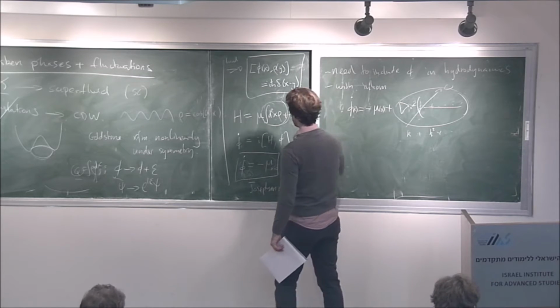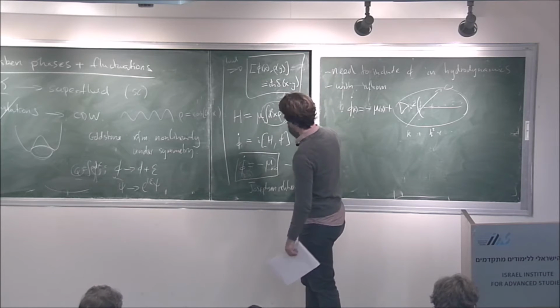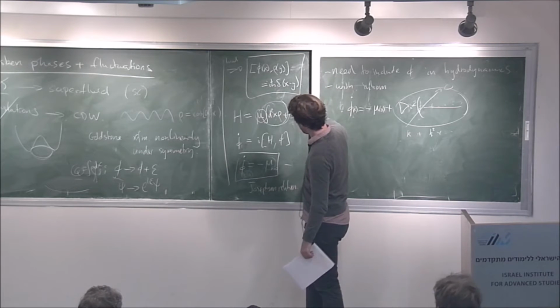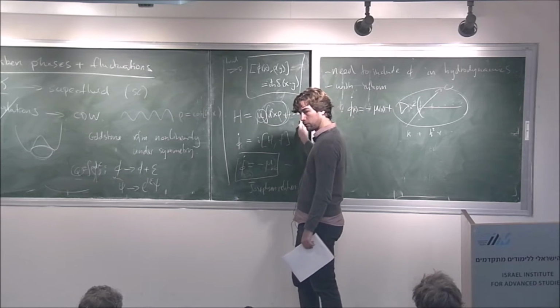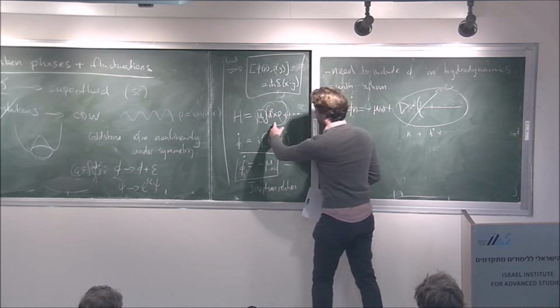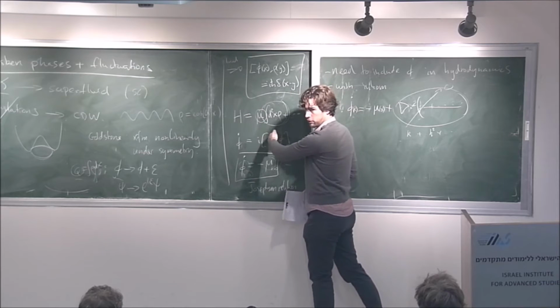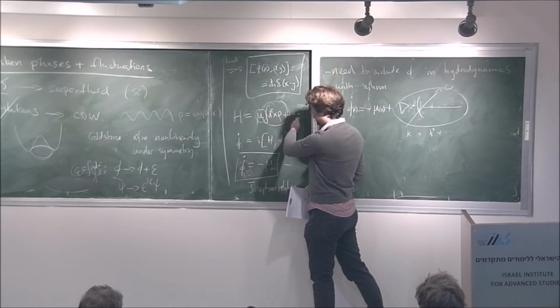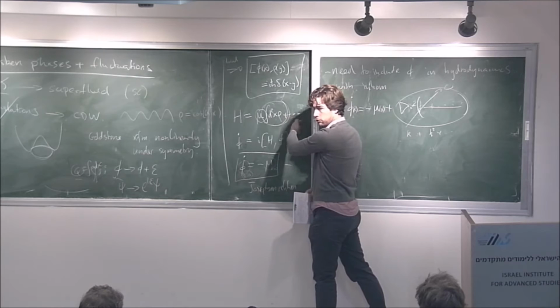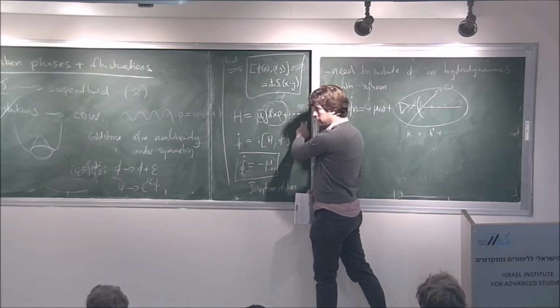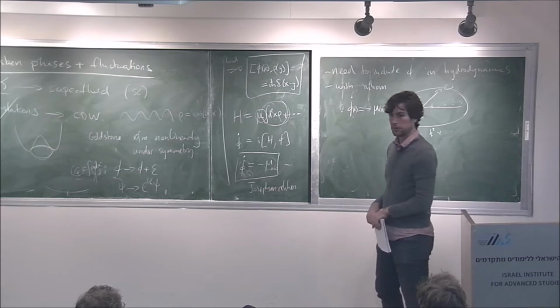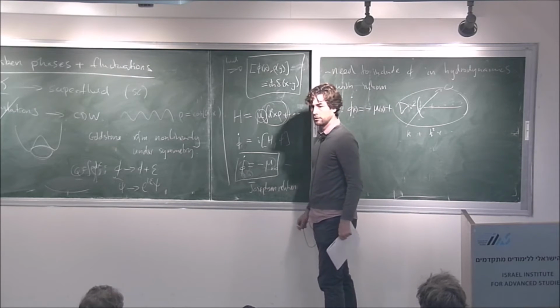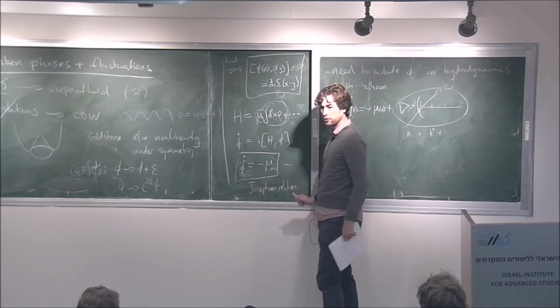Because this is the definition of the chemical potential. There will be other terms in the Hamiltonian that depend on gradients of rho. The point is that this is the universal part of the Hamiltonian. This is the definition of mu, but in terms that depend on derivatives, there can be more terms that will depend on derivatives of rho, and there will be corrections here that will appear as corrections there.